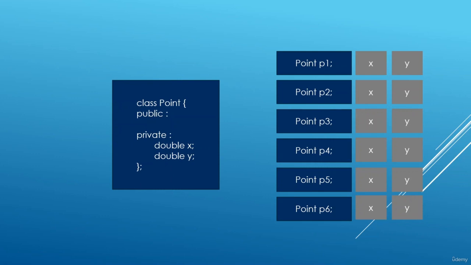For example, the data we have in P1 is going to be different from the data we have in P2, and so on. So we might have a situation like this, and each point is its own point really. It has nothing to share with other points. And if you try to print the addresses of the member variables, you're going to see that they live at different memory locations because they are completely different data sets.